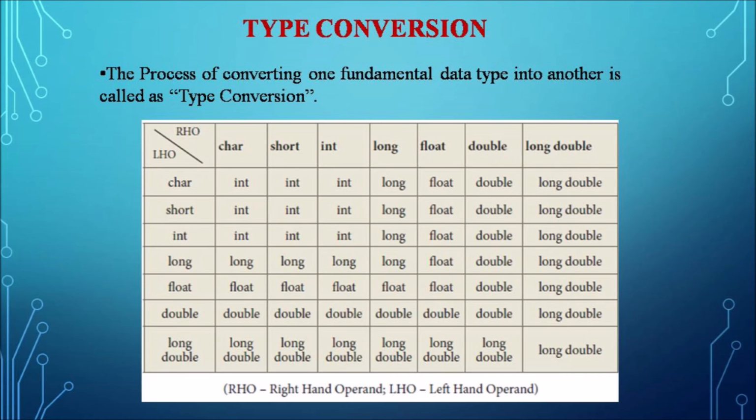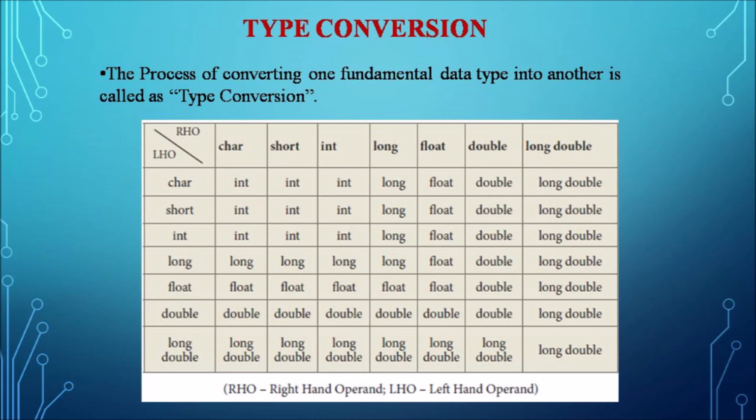In case A is a character and B is a short data type, the result will be int. For character, short, int, you can see the first 9 values, the 3 by 3 matrix, all the values will be integer.